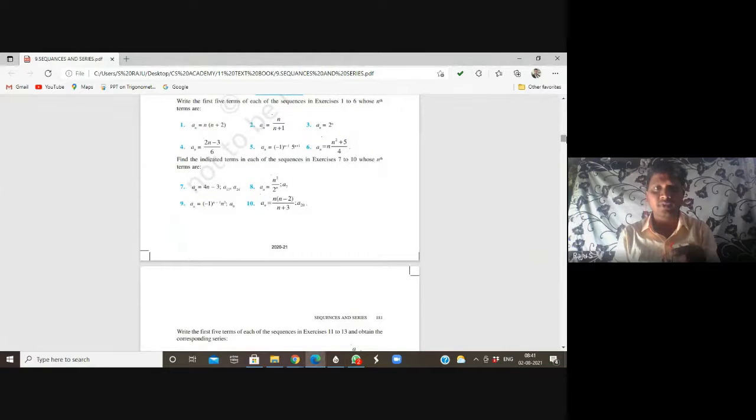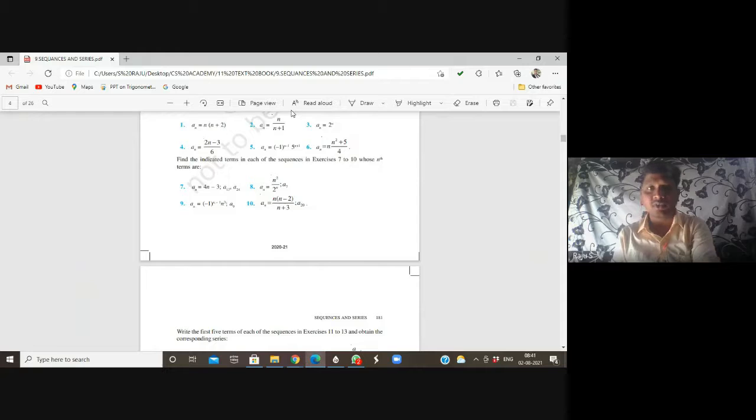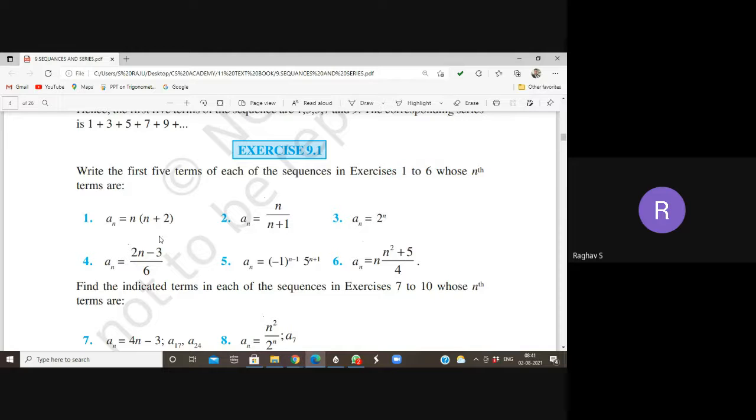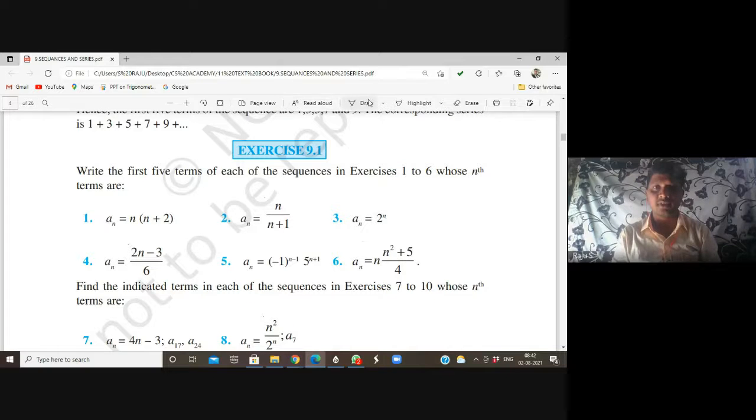Look at here. What is the first question? Write the first five terms of each sequence. Substitute n equal to 1, 2, 3, 4, 5 and you get the answer. That's it. Very easy questions in the first exercise.